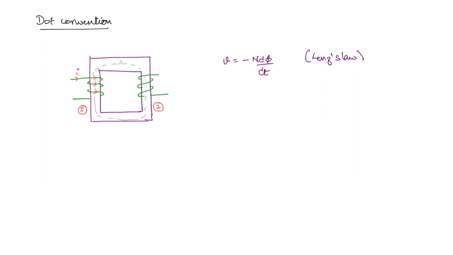It signifies that the voltage will be induced in such a way that it will oppose the rate of change of flux. So if flux is increasing, the voltage will be induced in such a way that flux will decrease. And if flux is decreasing, then voltage should be induced in such a way that flux will increase. Using this relation, we will now see the polarity that is induced here.